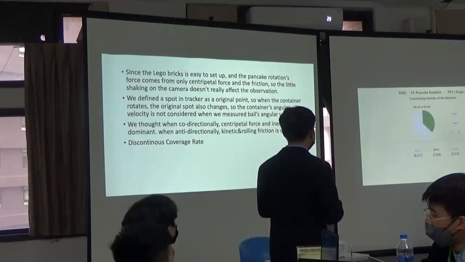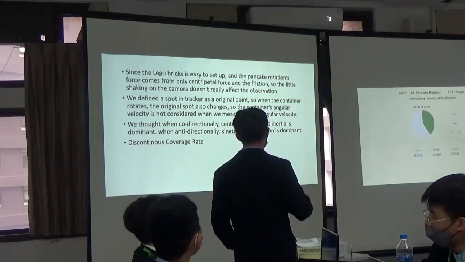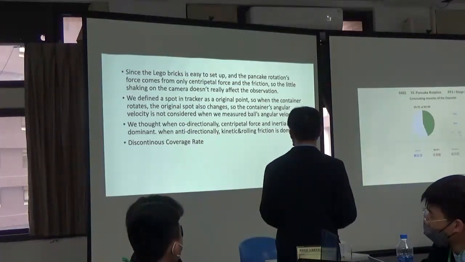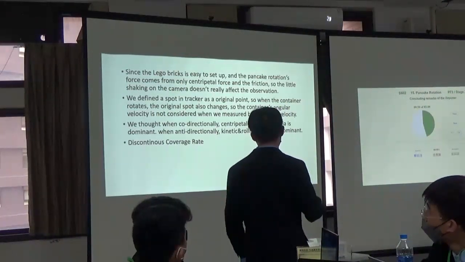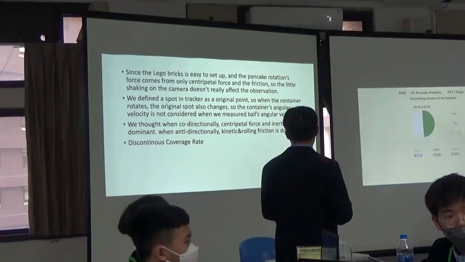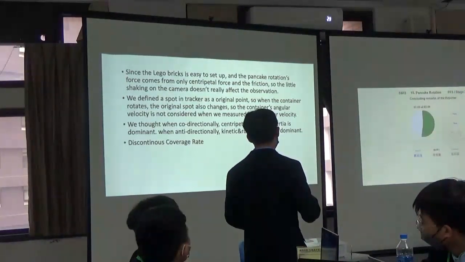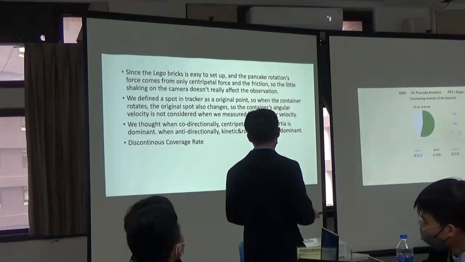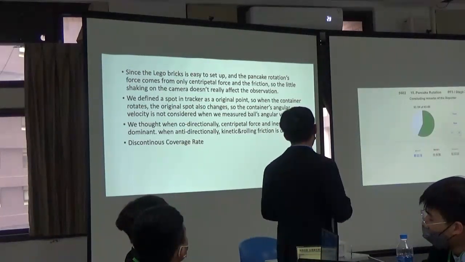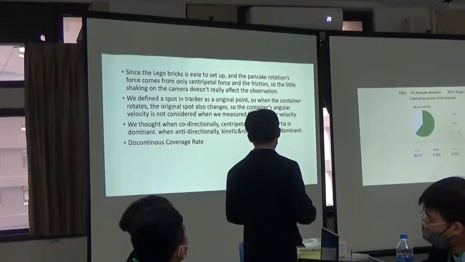And in this condition, we can accurately get the angular velocity of the black ball. When the ball's motion is in the same direction, the centripetal force and inertia are dominant, and when it's in the opposite direction, the kinetic and rolling friction are dominant.